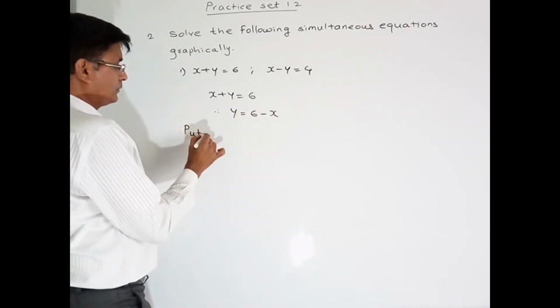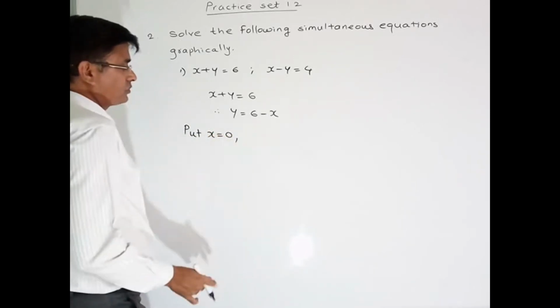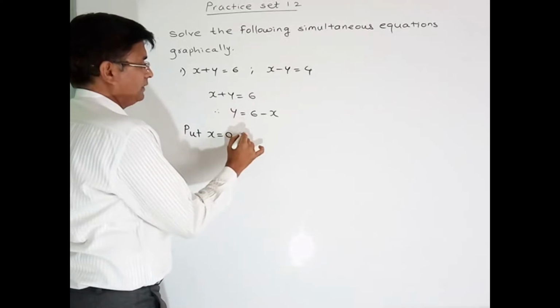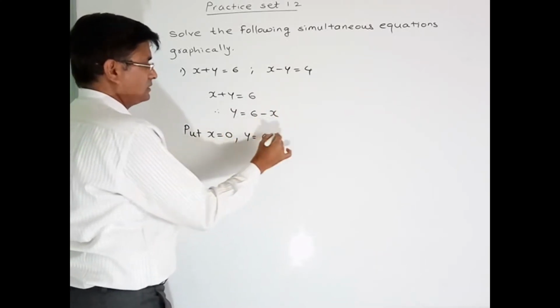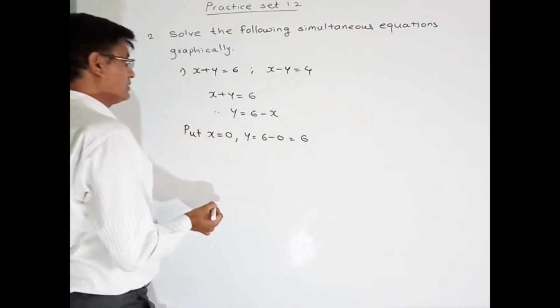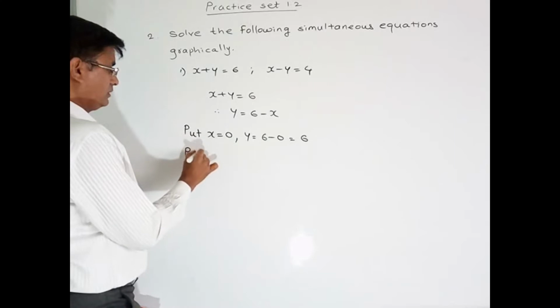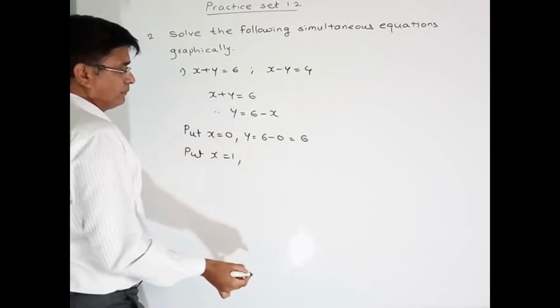Then take the values of x of your own. Put x is equal to, I will take 0. So what is the value of y? So y is equal to 6 minus value of x is 0. So 6 minus 0 is equal to 6. Next, put x is equal to 1.